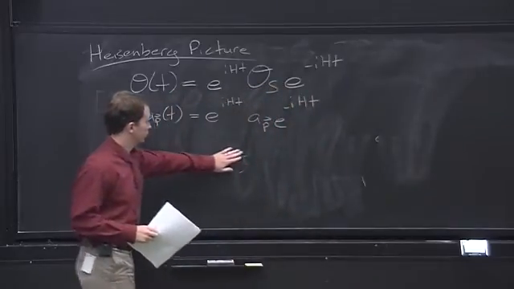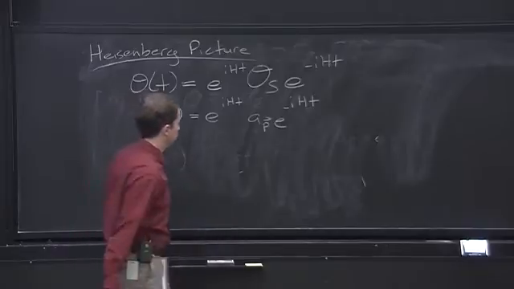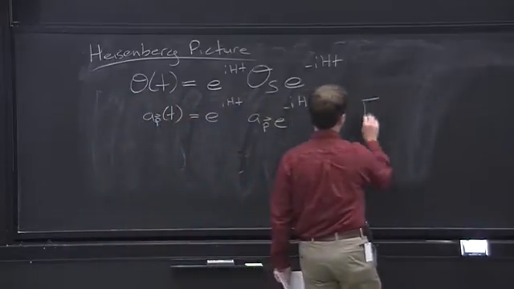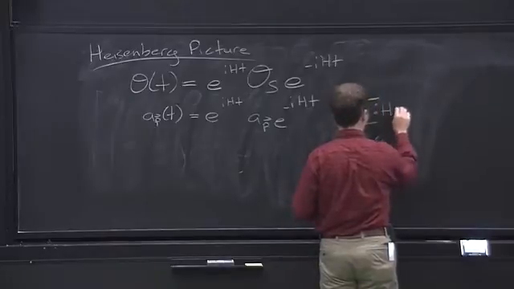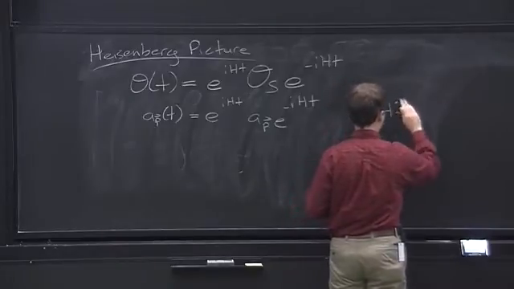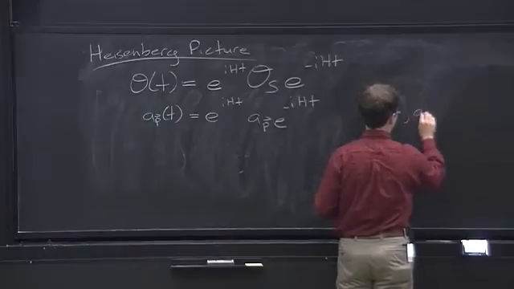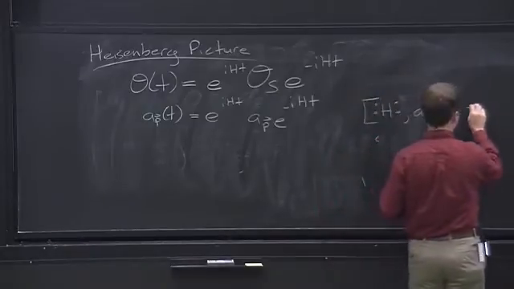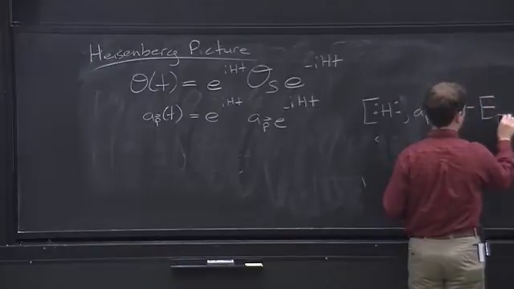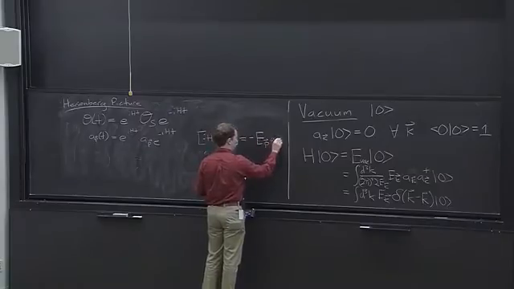And to compute this, we need the commutator of H with a_p. And we can show this is equal to minus E_p a_p.